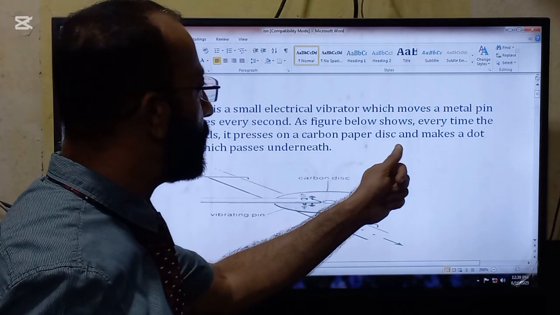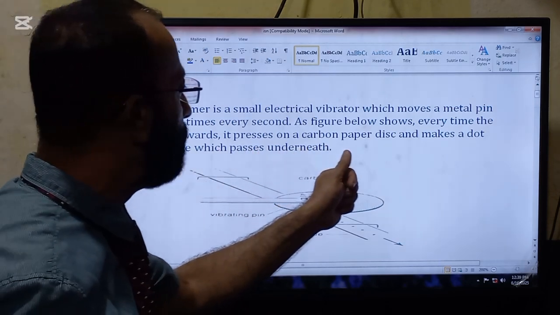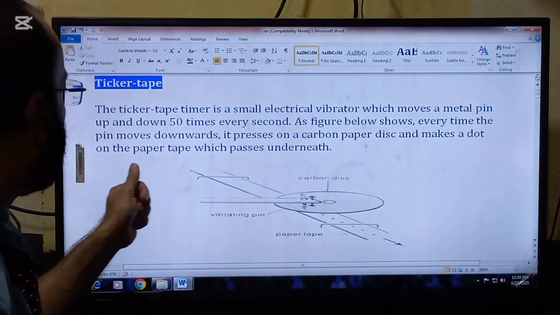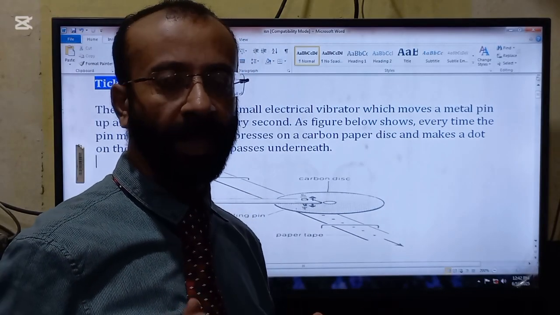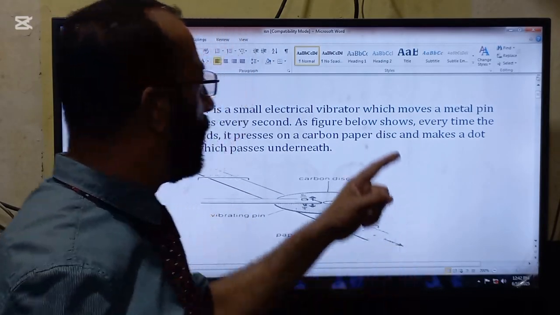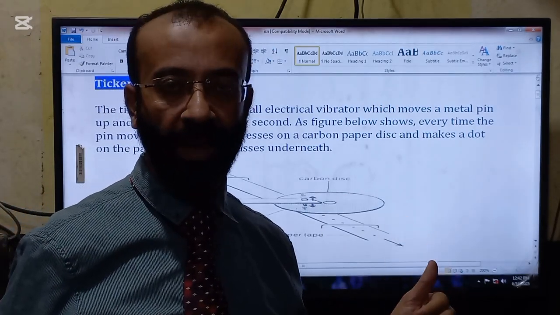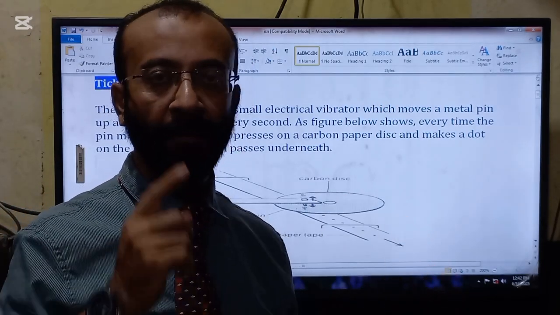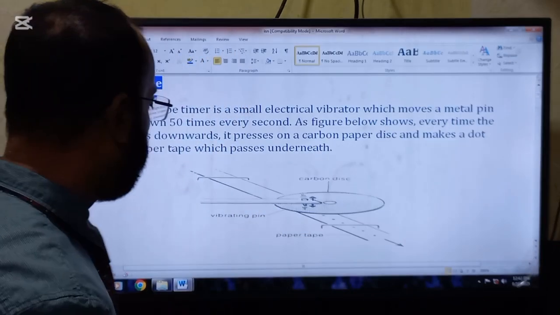As the figure below shows, every time the pin moves downward, it presses a carbon paper disc and makes a dot on the paper tape which passes underneath. So a short thing to remember in this paragraph is that a ticker tape timer is an electrical device which puts 50 dots in 1 second.